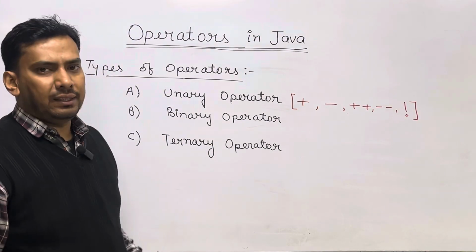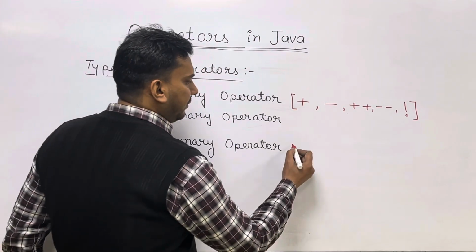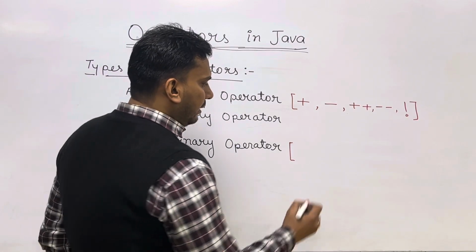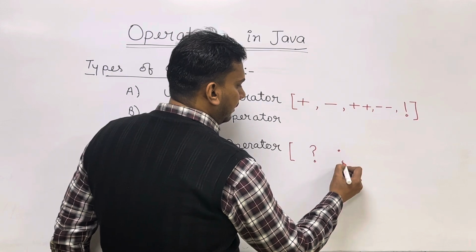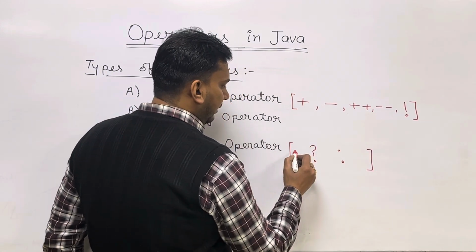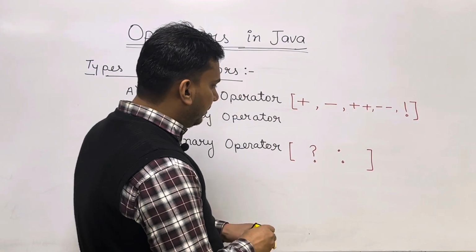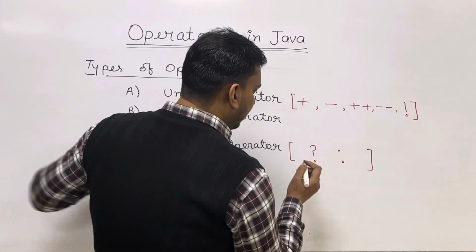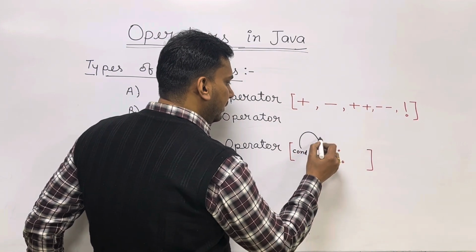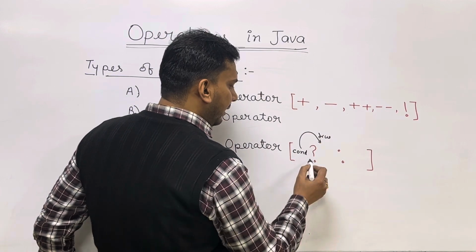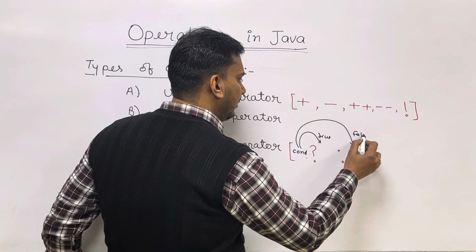Then we will talk about the ternary operator. The ternary operator is if then else. Here you will have some condition. If the condition is true, this portion will be executed, and if the condition is false, then the other code gets executed.